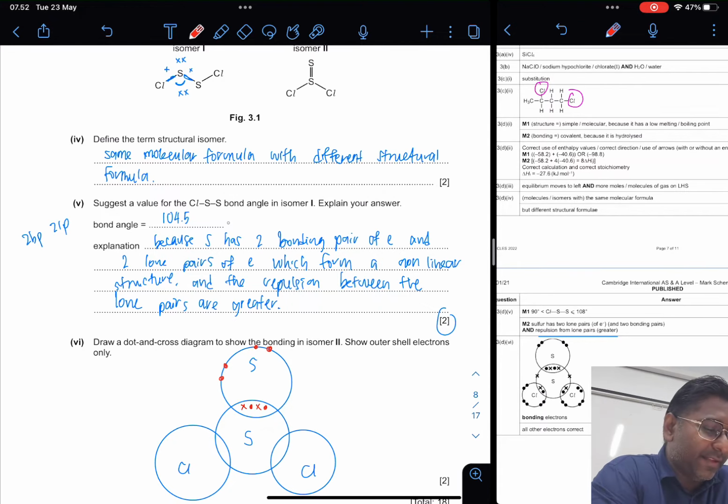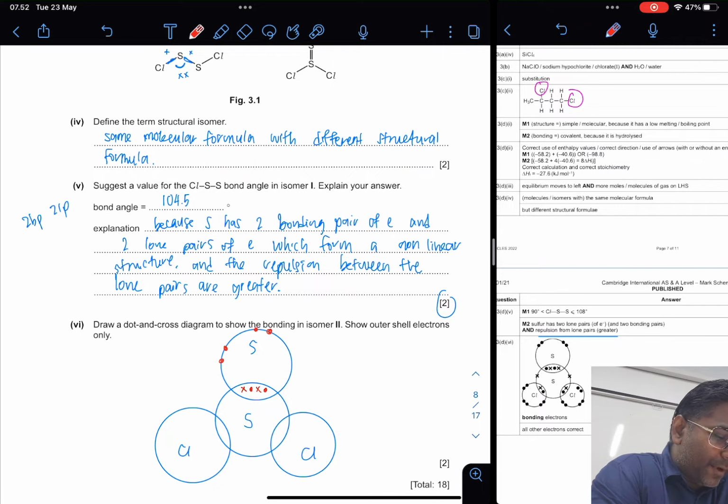So I put it like this, and now for X, single bond, so X from here, X from here. So let's say I'm going to put a dot for Cl. Cl has 7 valence electrons, group 17. So another dot, 7 valence electrons.